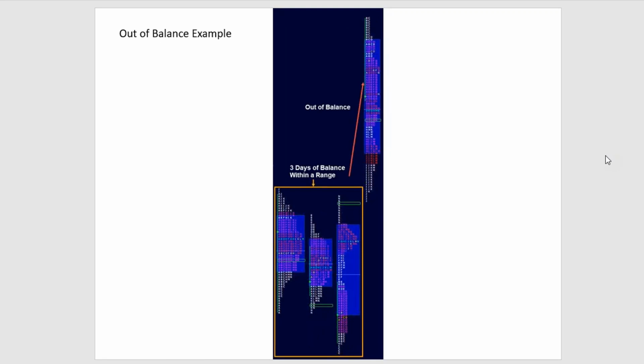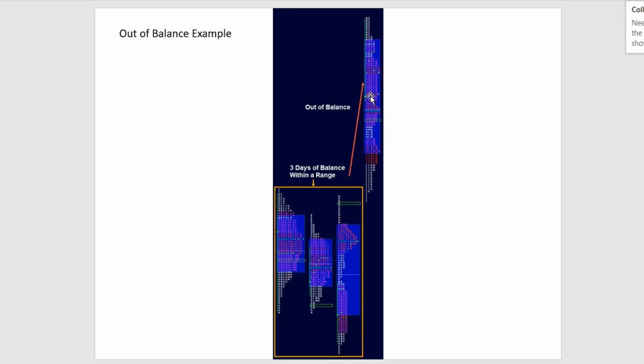Okay, we just talked about the largest trades very often occurring when we break out of balance. Here we have an example where we break out of balance to the upside. Now, this trade isn't quite as easy as going with a nice breakout of balance. See the green dot up here, that's where the market opened after this 3-day balance.